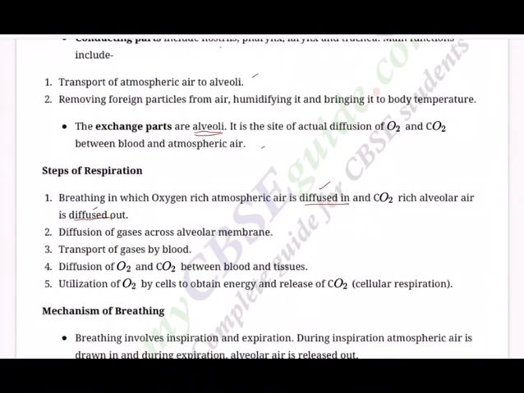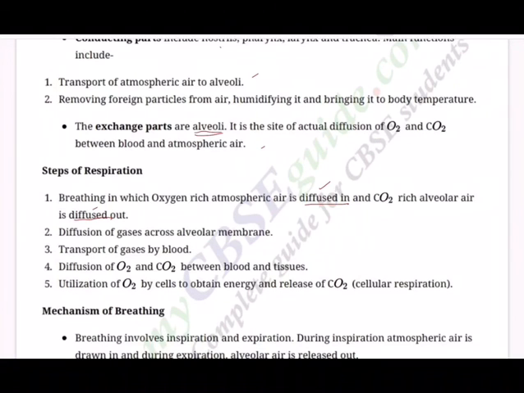Once the CO2 is formed inside the cell, it comes to blood, and from blood it comes to alveoli, from alveoli to bronchioles, bronchioles to bronchus, bronchus to trachea, larynx, and then out. So oxygen in and carbon dioxide out. This is how it takes place.